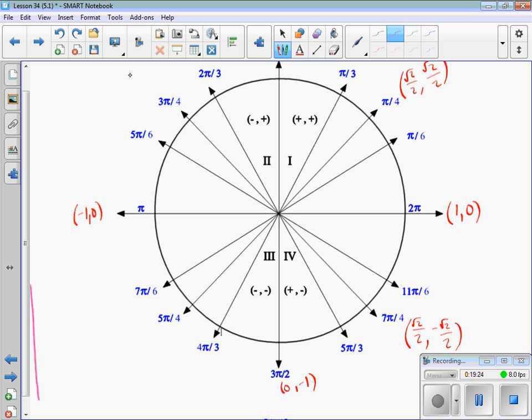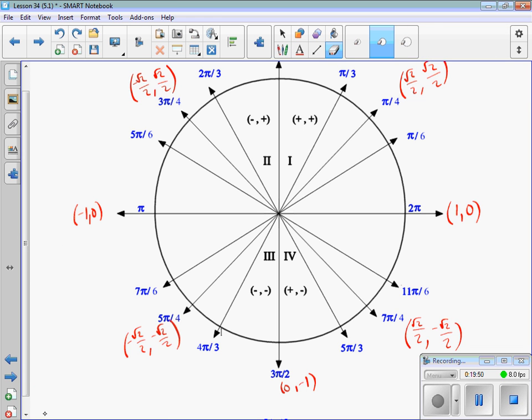Negative, then positive. The x is negative, and the y is positive. And how about in the third quadrant? Negative, negative. Questions there?